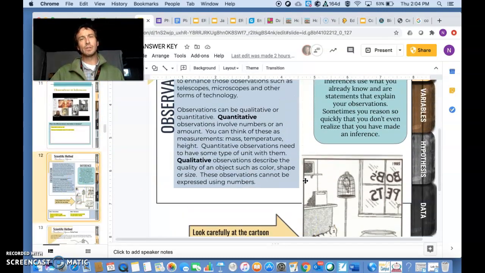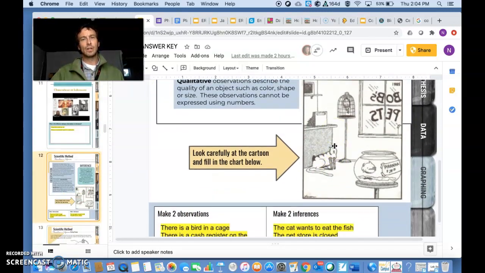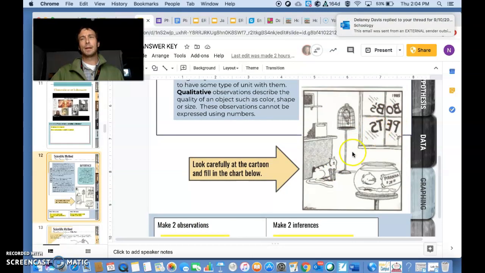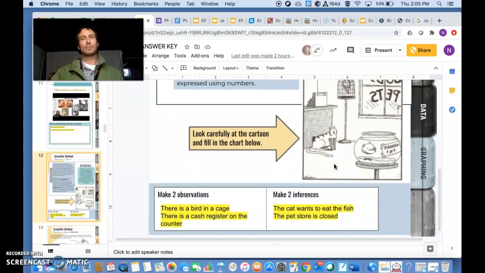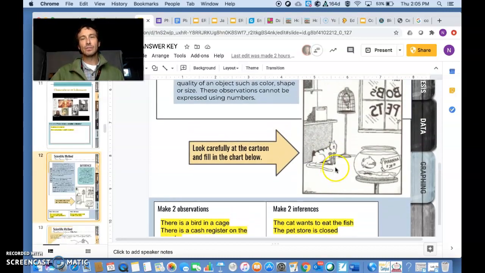And just to make sure we understand the difference between the two, if we look at this picture here, we can say, okay, there's a couple observations, like there's some writing on the window, there's a fish in a tank, and there's a cat and a bird, right? Those are observations. Those are things we can see. Now, inferences, right?